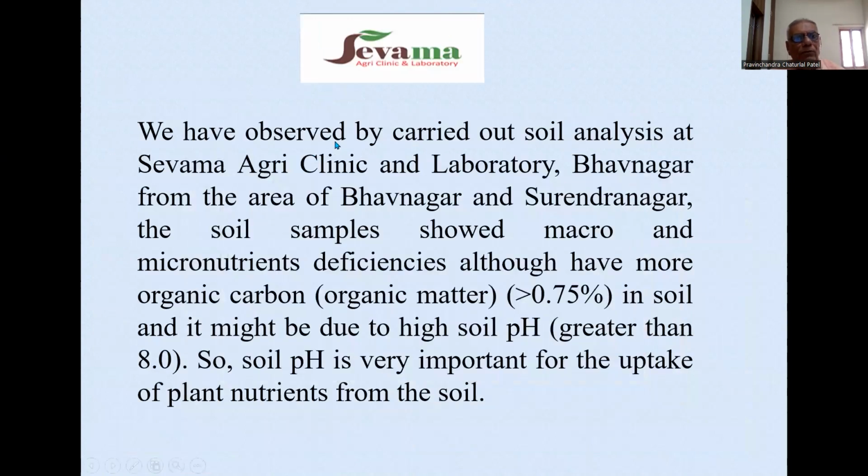We have observed this by carrying out soil analysis at Sevam Agri Clinic and Laboratory, Bhavnagar. From the areas of Bhavnagar and Surendranagar, the soil samples show macro and micronutrient deficiency. They all have more organic carbon, organic matter greater than 0.75% in soil, and it might be due to high soil pH greater than 8.